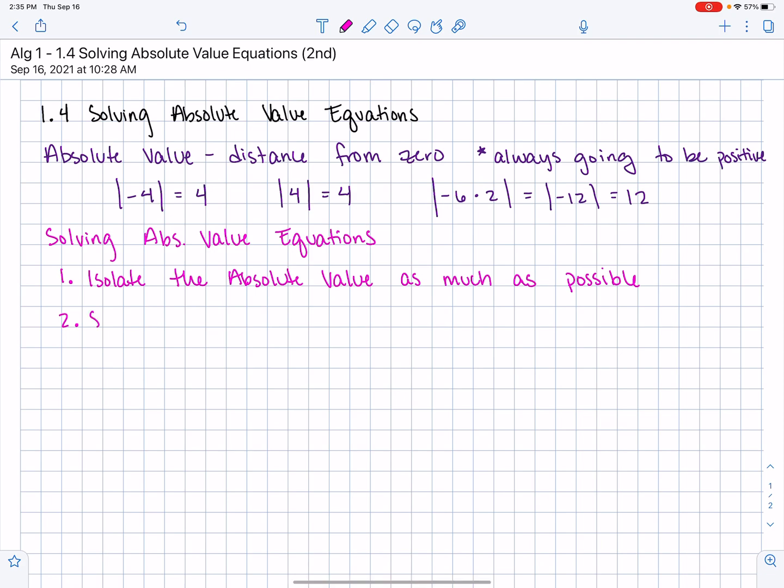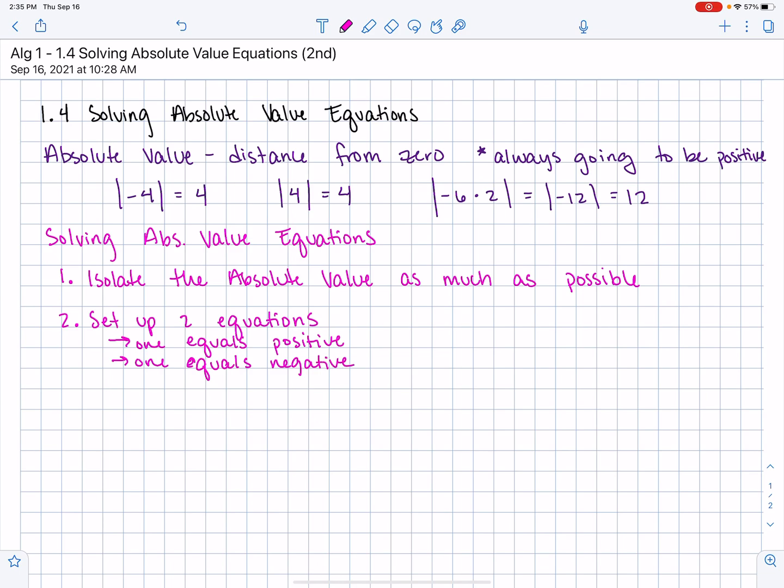Then once it's isolated, you're going to set up two equations. Set up two equations. And we're going to have one that equals the positive value and one that equals the negative value.